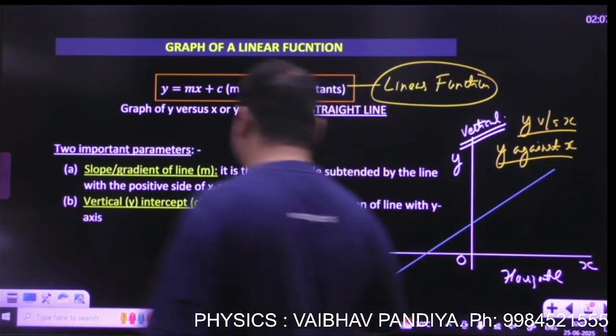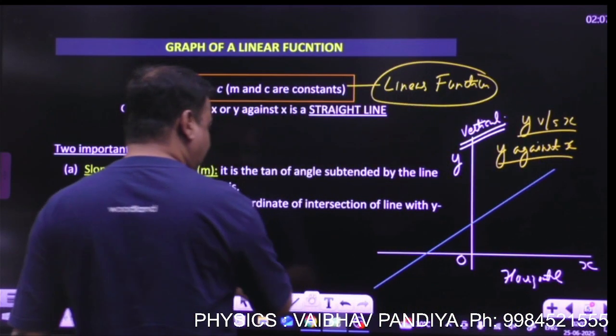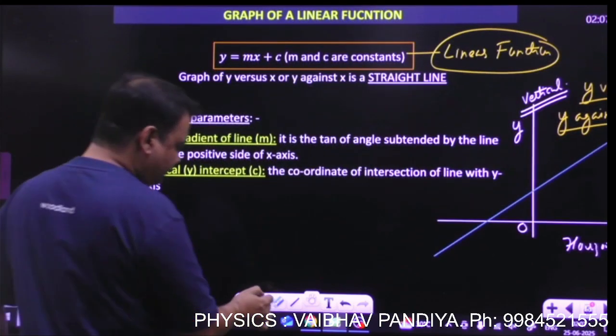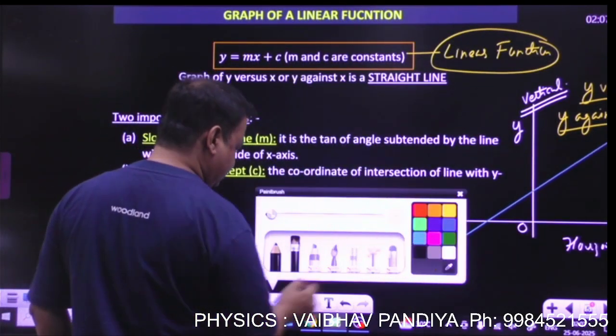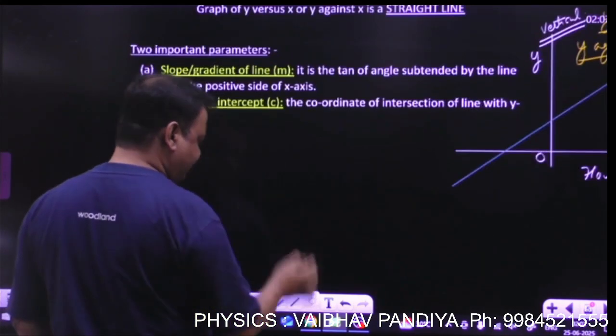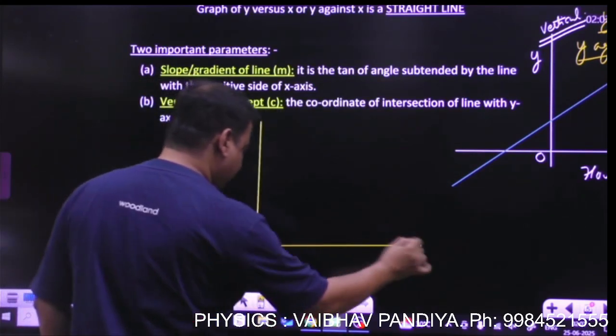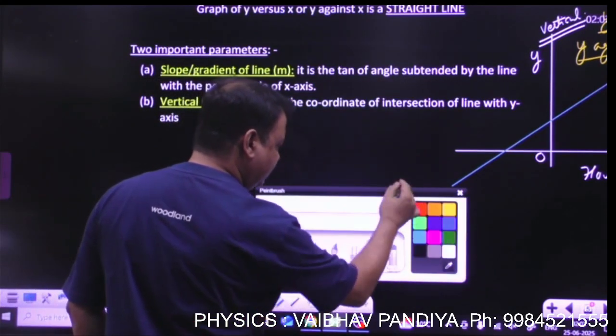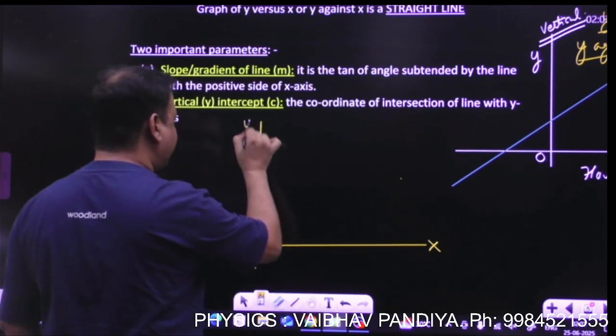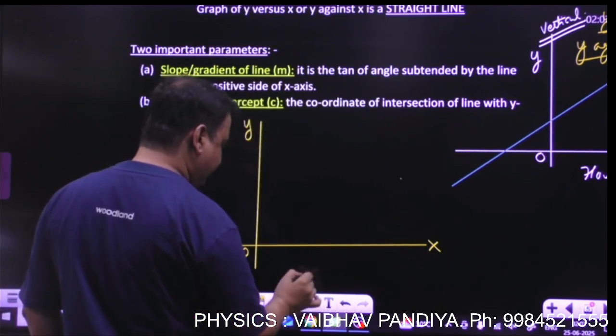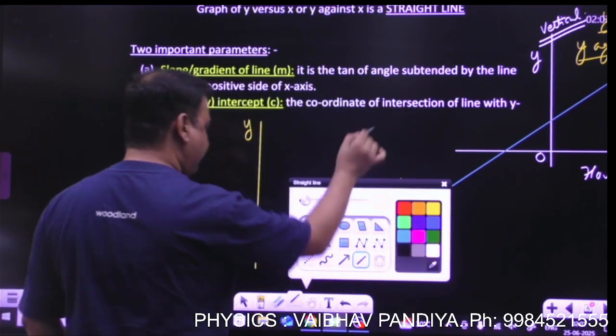a rectilinear graph. Okay, now there are important parameters. First is the slope or gradient. Now let's see what slope is. When you are making a straight line, say this is your x axis and this is your y axis, and we have a straight line like this.